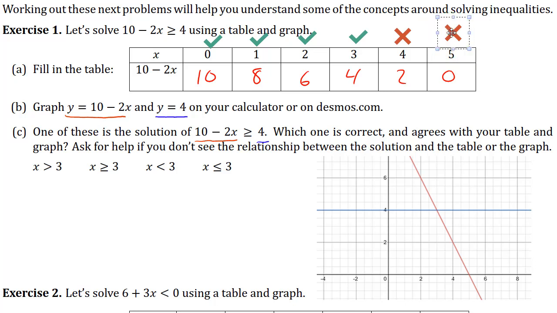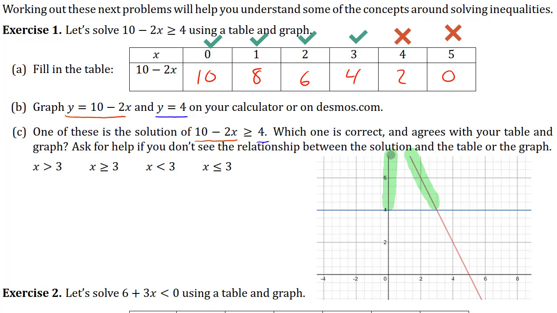And you can see that from the graph here. To solve this inequality means to find the values of x that make 10 minus 2x greater than or equal to 4. It's these points over here, where these values of y, the 10 minus 2x values, are greater than or equal to 4.